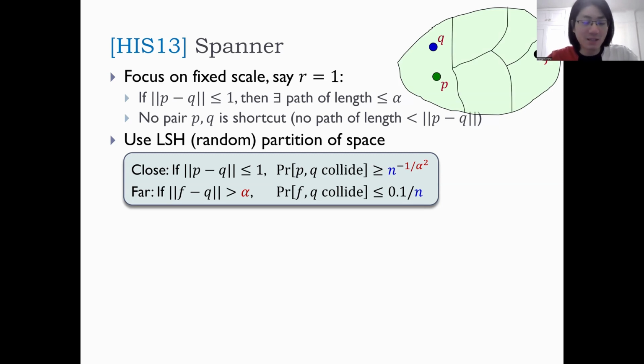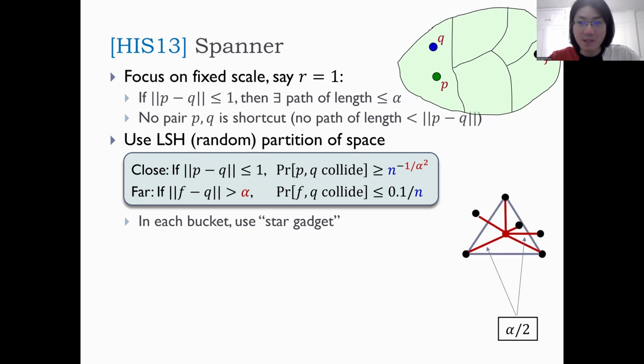We execute locality-sensitive hashing, and the points are partitioned into multiple buckets. Suppose in the ideal case that no far points fall into the same bucket. Then to construct our spanner, we use the star gadget. Because no far points are in the same bucket, every point in this bucket is close to each other, so their distance is at most alpha.